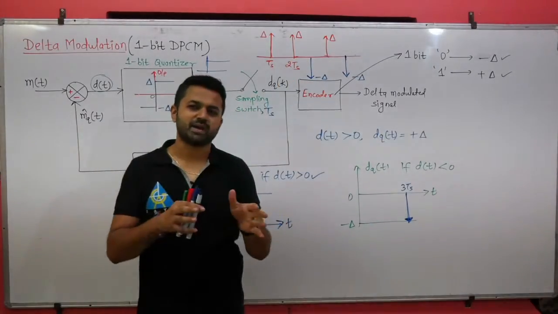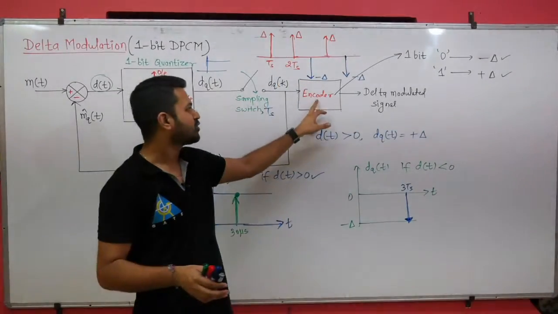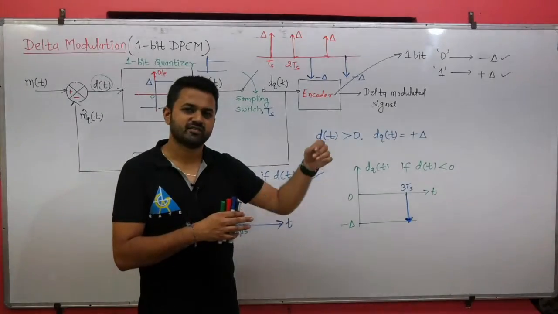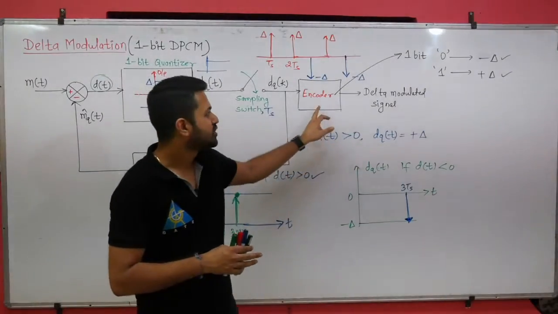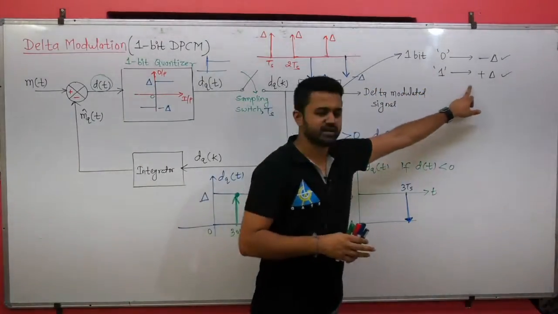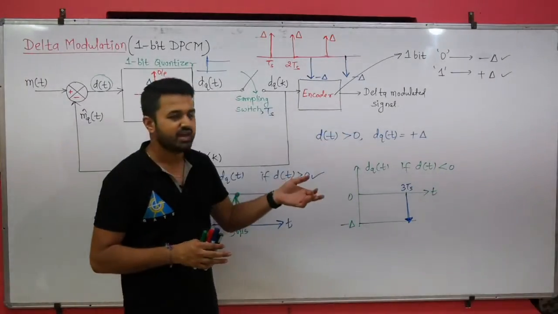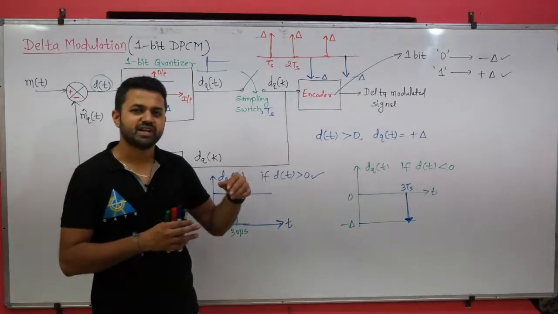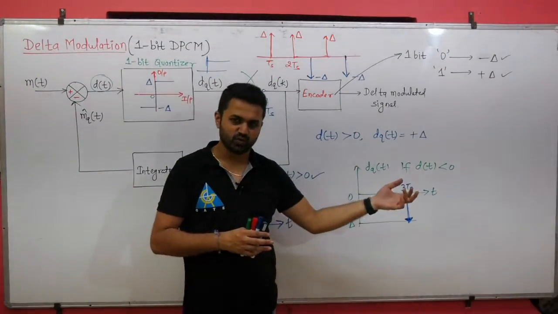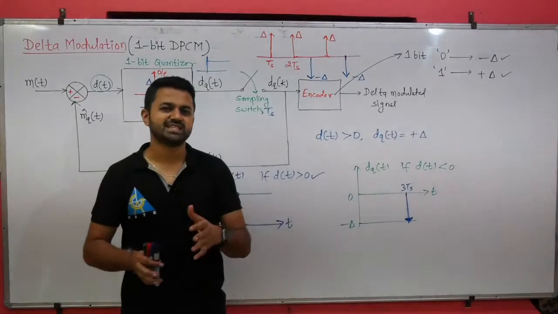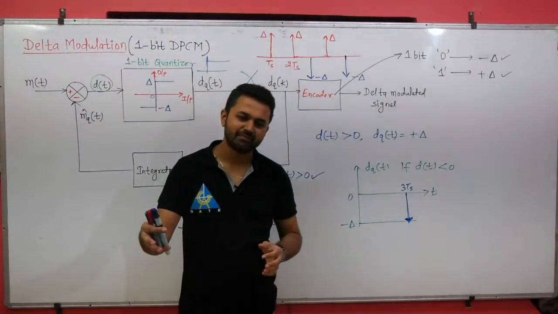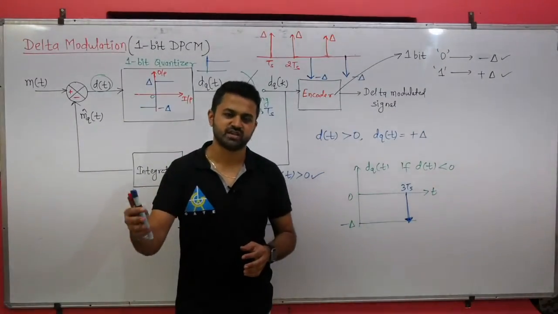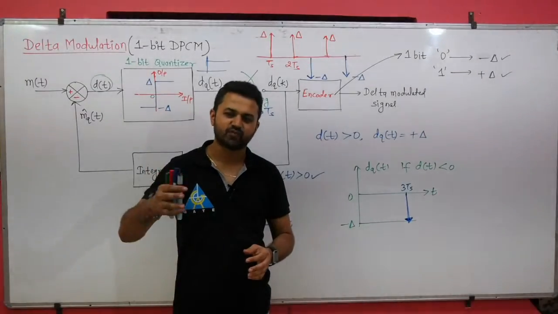So whenever the plus delta comes, the encoder will send a bit 1. It will transmit a bit 1, binary data 1, and whenever the minus delta comes, it will transmit a bit 0. Now after getting 1 and 0, you can use any method like non-return to zero, return to zero, and Nyquist pulse.